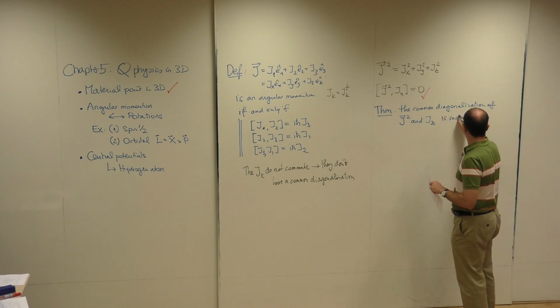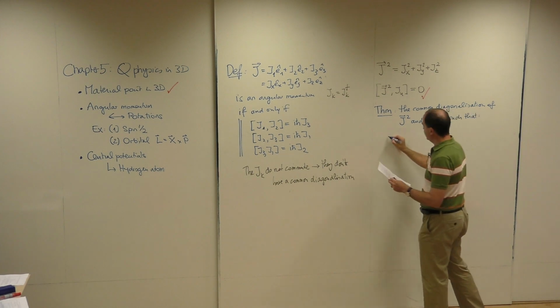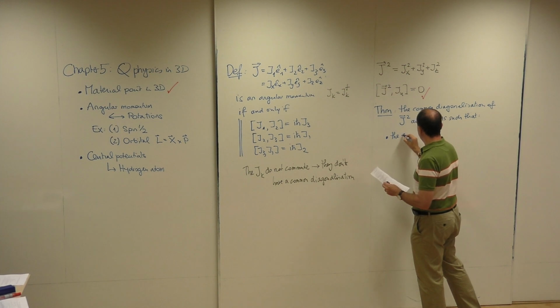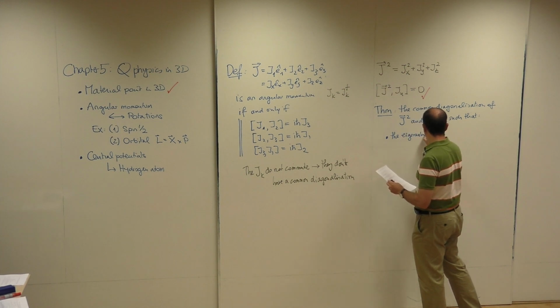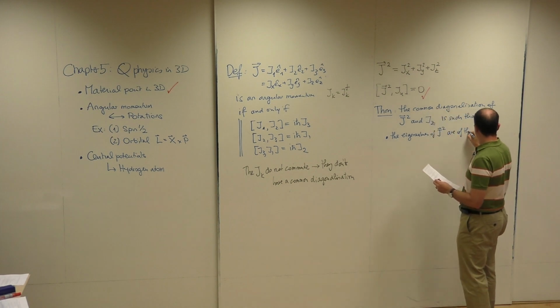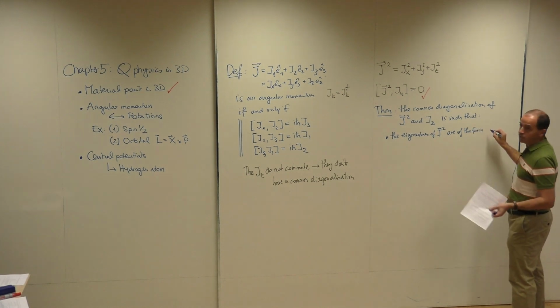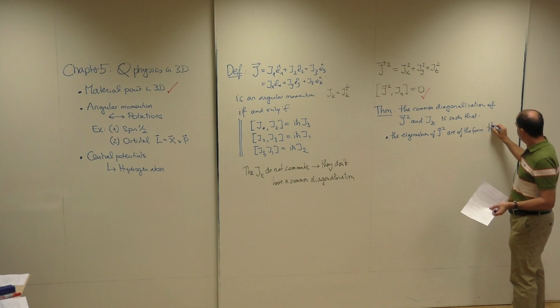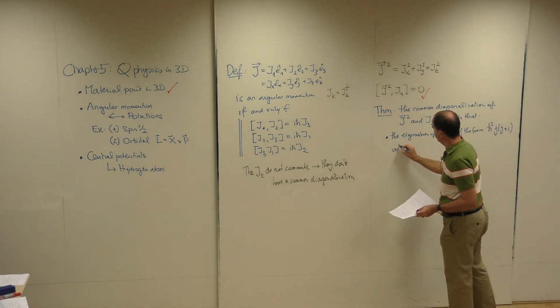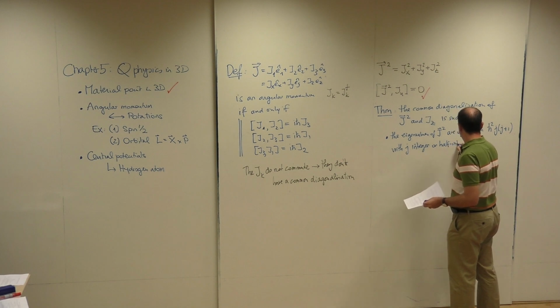So I'm going to characterize now eigenvalues and eigenvectors, especially eigenvalues. The eigenvalues of J squared are of the form, and this is the one that you really need to remember, ħ square j(j plus 1), with j integer or half integer.